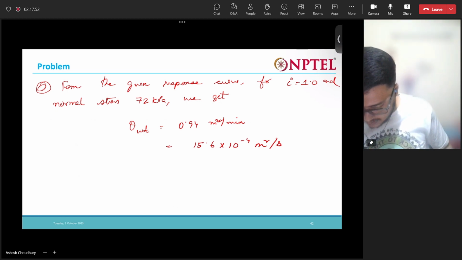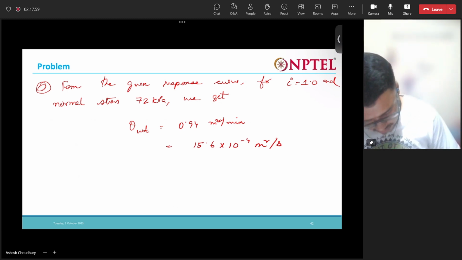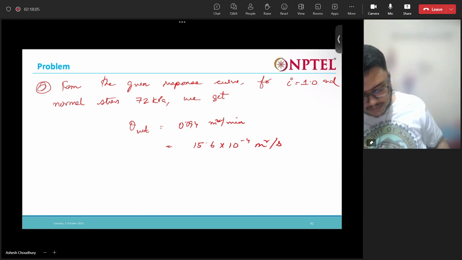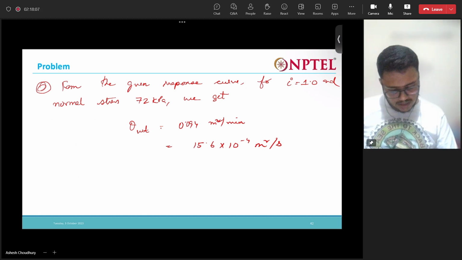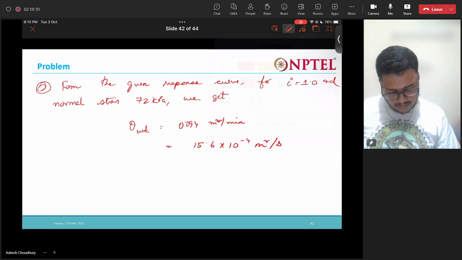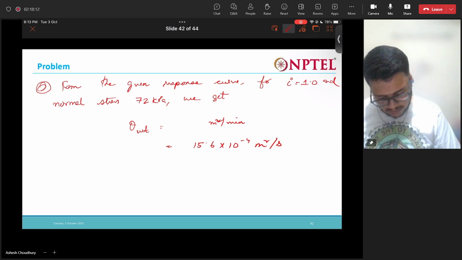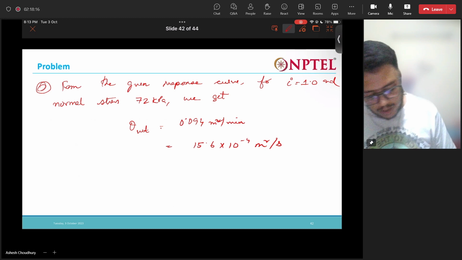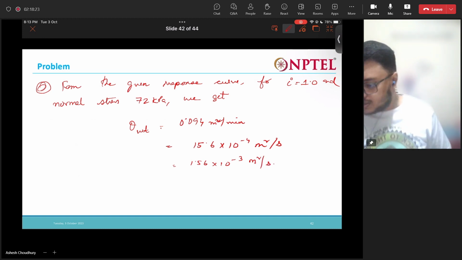Just a second. 0.094, not 0.94. It's not 0.94, it's 0.094. So 1.56 into 10 to the power minus 3 meter square per second.